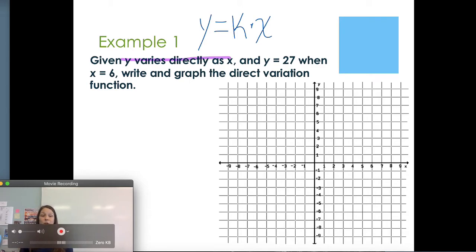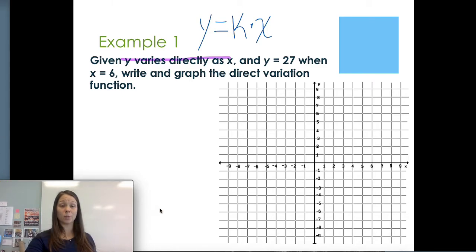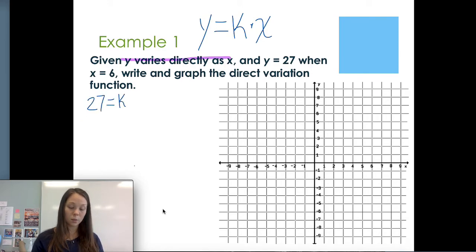We're given values of x and y, and we can use those to solve for k, because we have to figure out what our slope is. So y, which is 27, equals k times our x value, which is 6. Solving for k, we divide by 6.